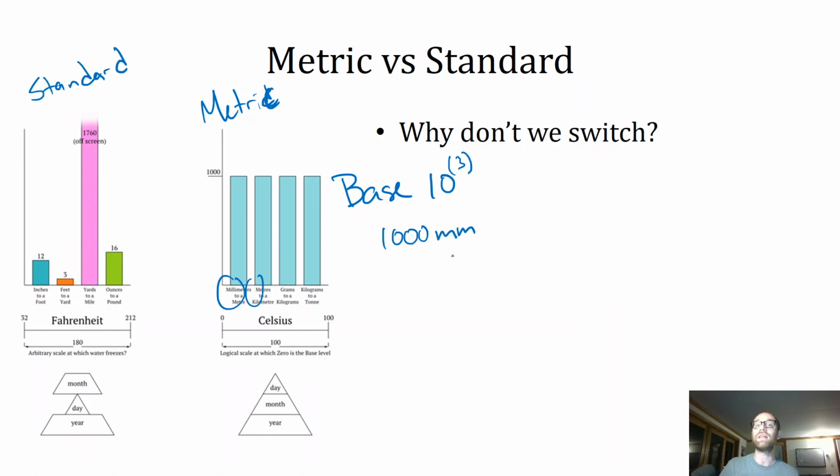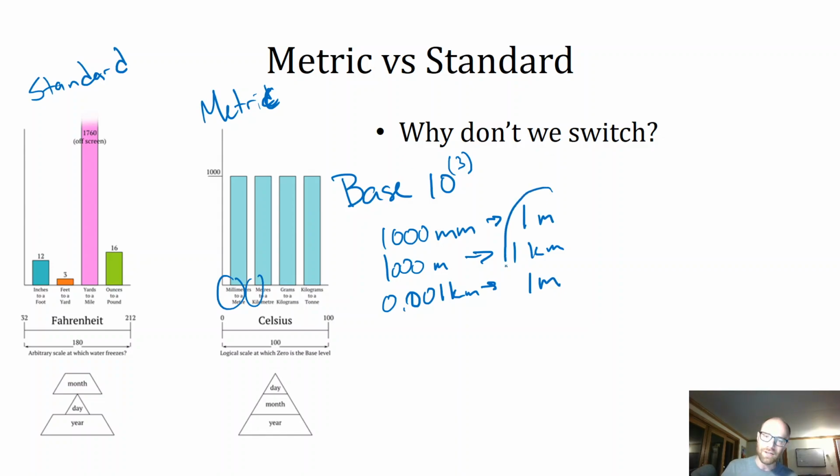Once you get to 1,000, that number's kind of big, so we convert it into a meter. When you have 1,000 meters, again, that number's kind of big, so we change it to 1 kilometer. In the same way, if you have a small number of kilometers, we would convert that into meters. The whole idea here is ending up with a number that makes sense.